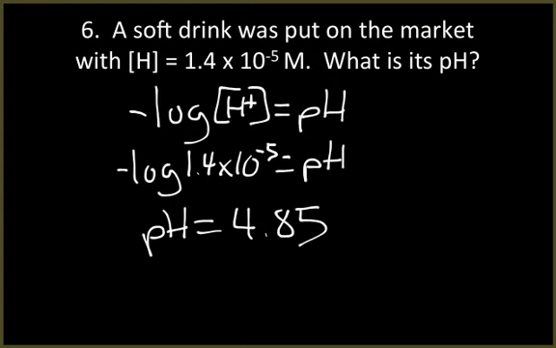If you want to know whether this is an acid or a base, the pH is less than 7, so it's an acid. Any questions on that? Well, I guess you really can't answer me anyway, so we're moving on.